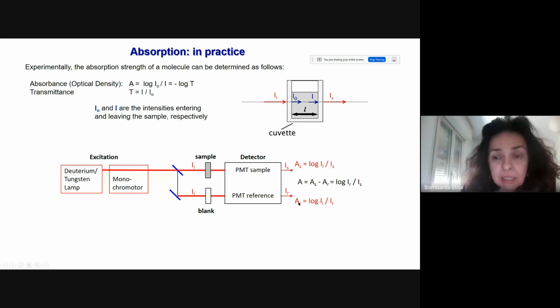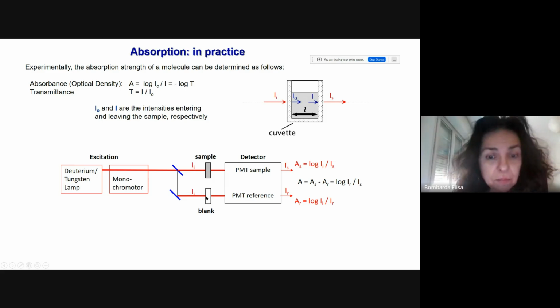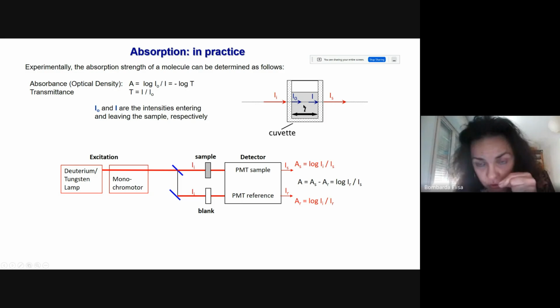The reference is everything but the molecule, because what we are interested in are the properties of the molecule floating in the solution.